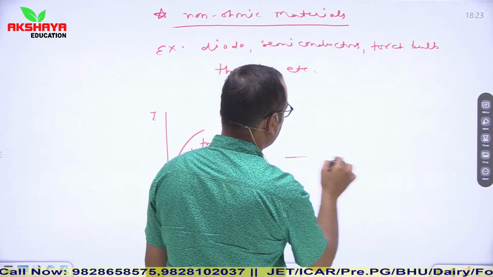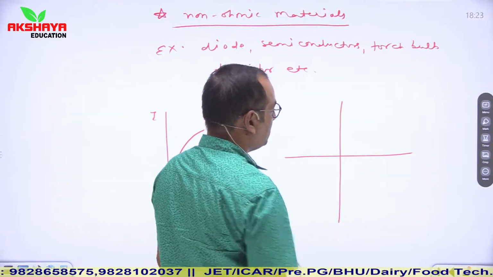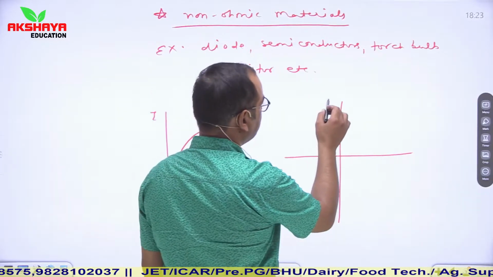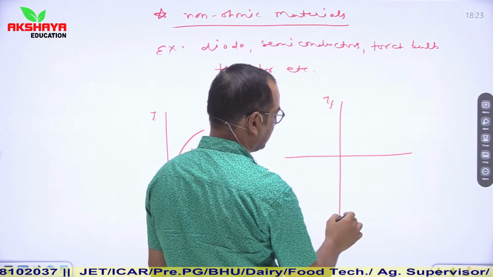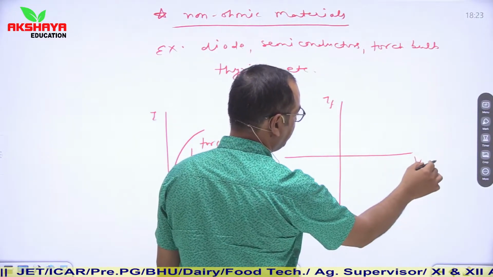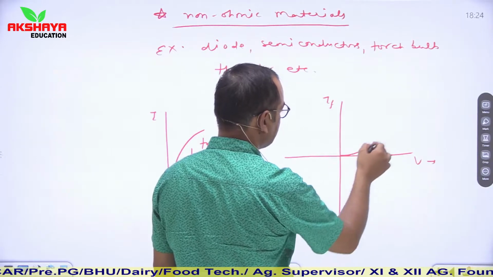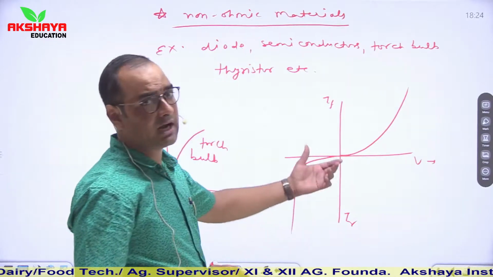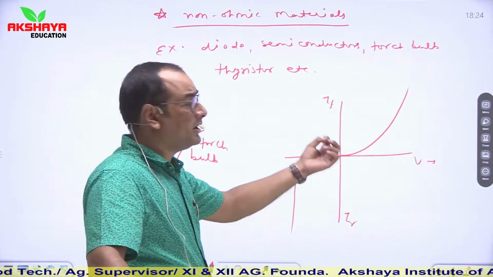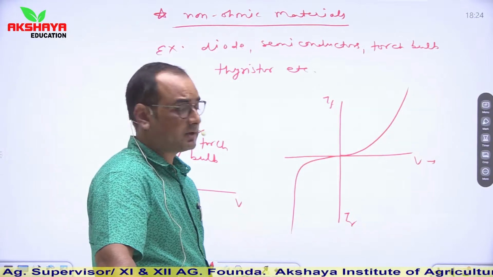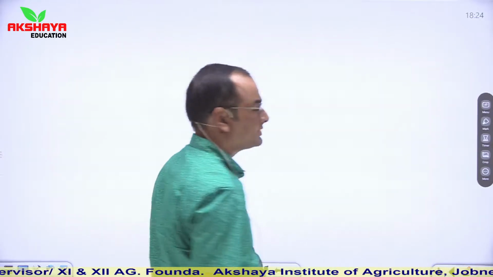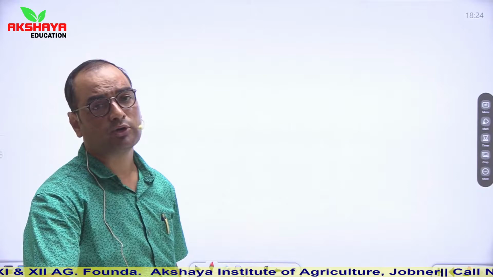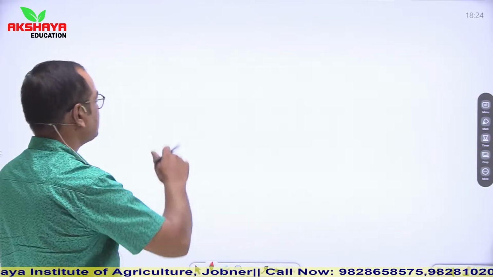If we talk about diodes, then for diodes, this is IF, forward current, this is reverse current, this is applied potential. So this graph is like this. These graphs are not a straight line, they are variable in different shapes. So keep in mind always that if a graph between V and I is not a straight line, then they are non-ohmic materials or non-ohmic substances.